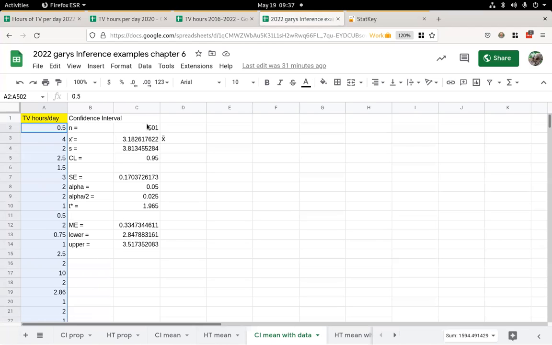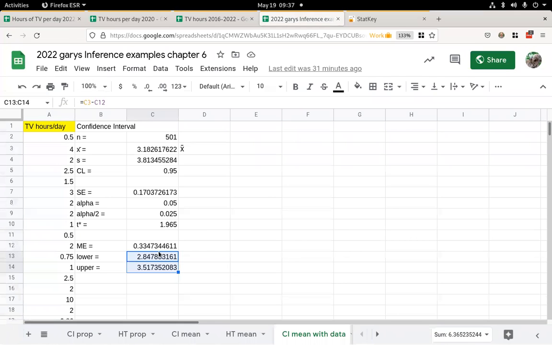I asked the computer to say, what's the confidence interval? So for 501 students, I have an average of about 3.18 hours per day of TV. We have a margin of error for the confidence interval of about 0.33 hours per day, and that gives us a confidence interval of about 2.84 hours to 3.51 hours.